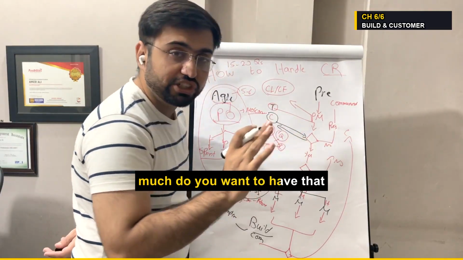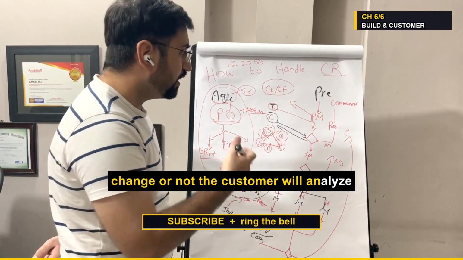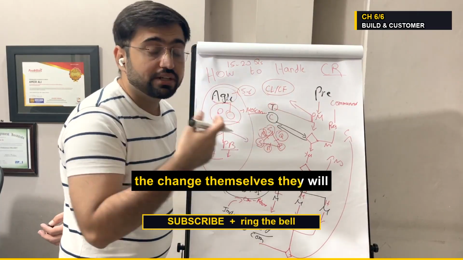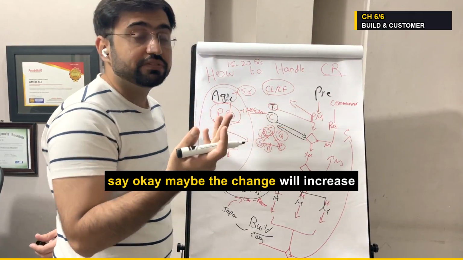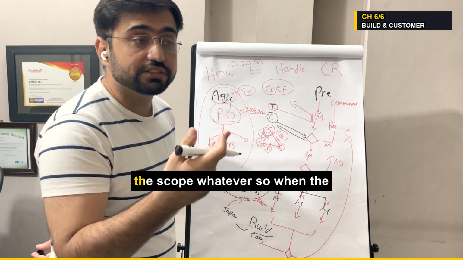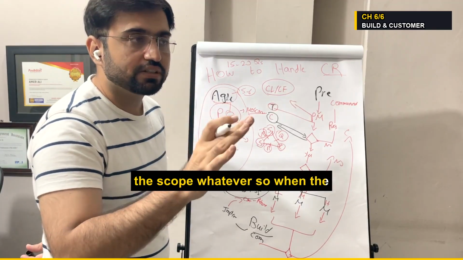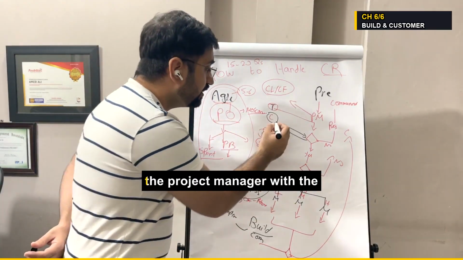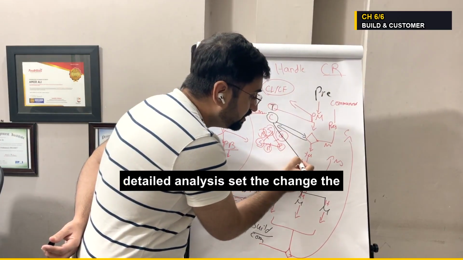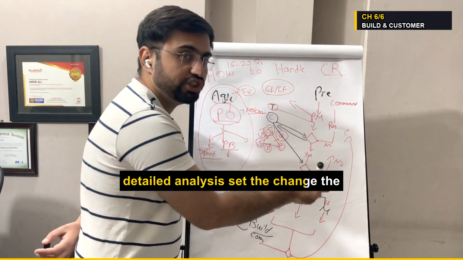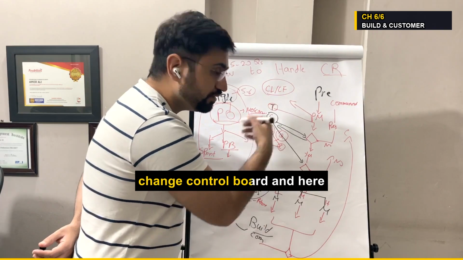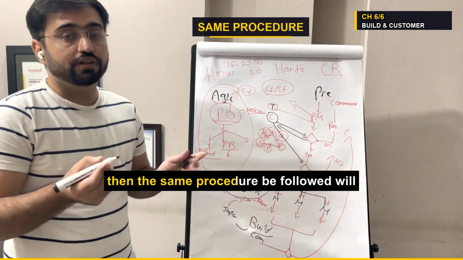Do you want to have that change or not? The customer will analyze the change themselves. They will say, okay, maybe the change will increase the schedule, or the scope, or whatever. So when the customer says go ahead, then the project manager sends that change with the detailed analysis to the change control board, and then the same procedure will be followed.